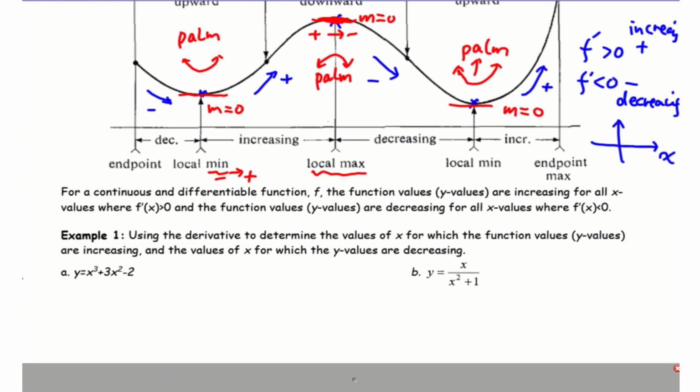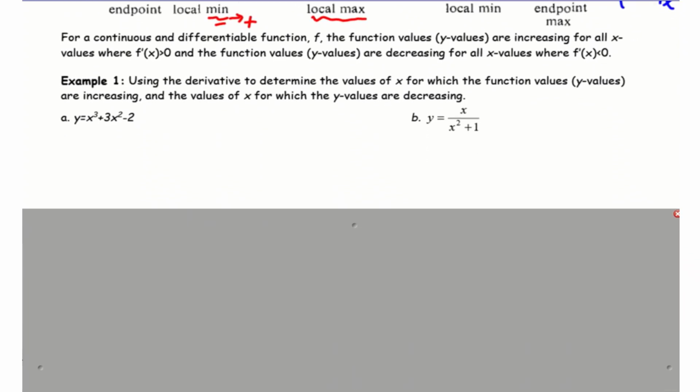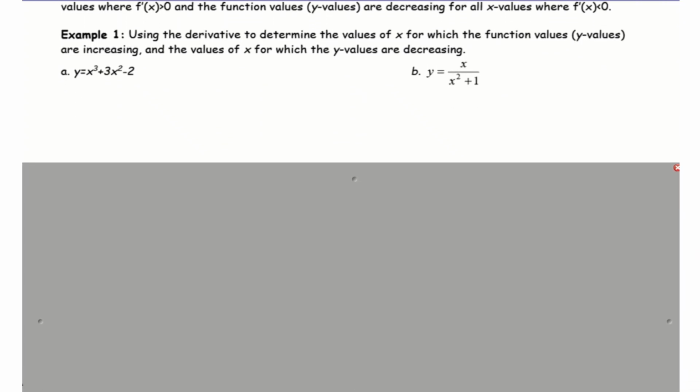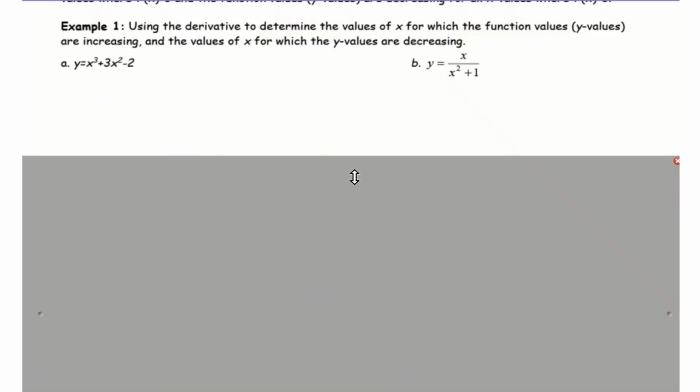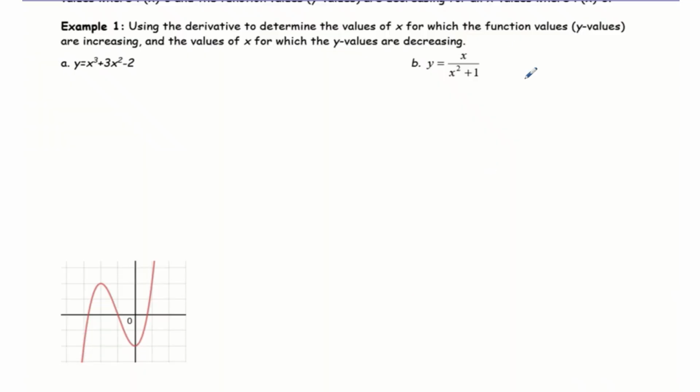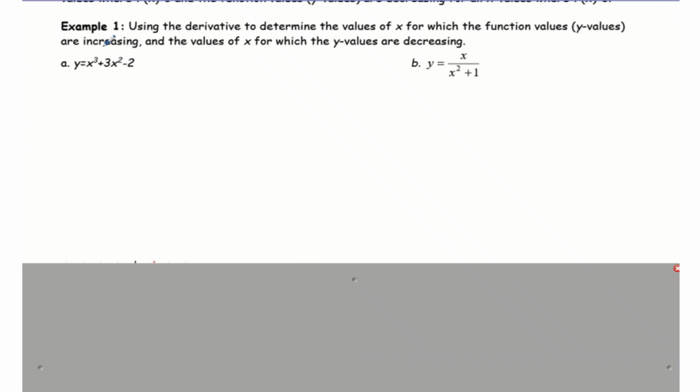Example 1. Use the derivative to determine the values of x for which the function value, the y value, is increasing or decreasing. So find the intervals for increasing or decreasing.